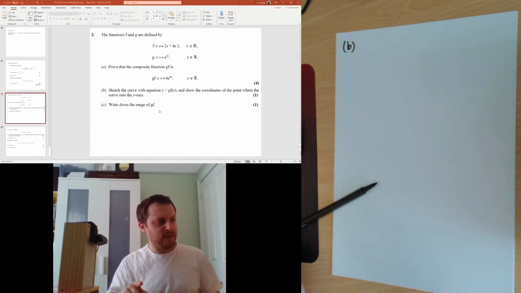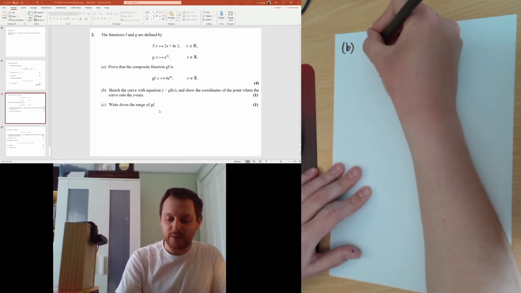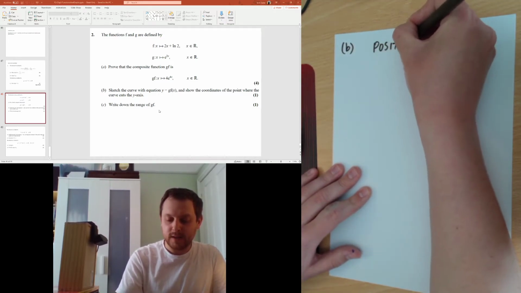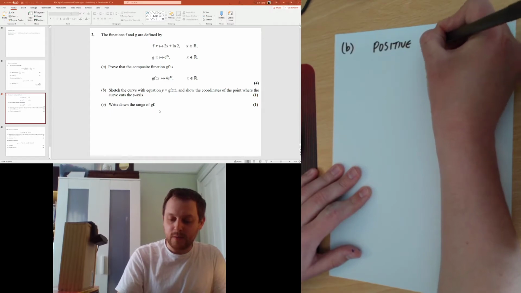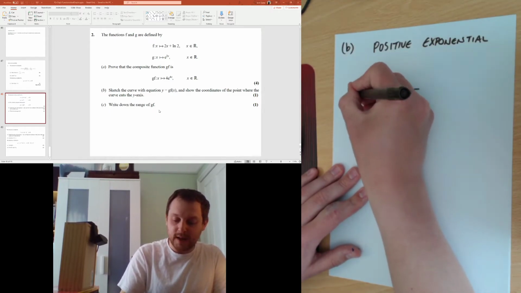Anyway, I'll draw it. It's a positive exponential graph, which means the general shape of it is like that.